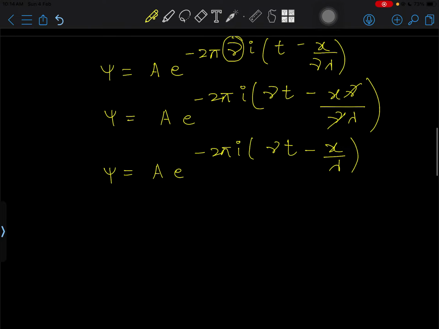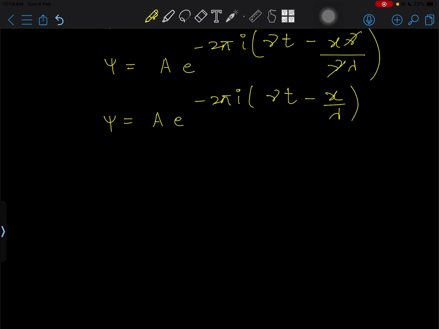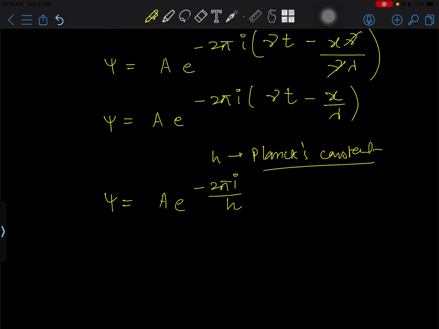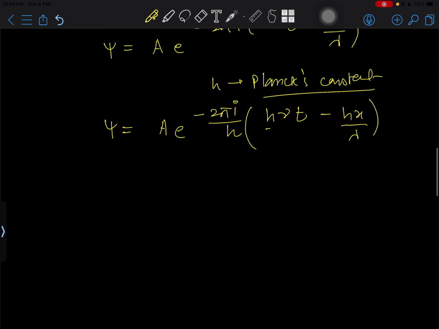So on multiplying and dividing by h, the Planck's constant, we can transform the above equation: psi is equal to a e to the power minus 2 pi i over h (h nu t minus hx over lambda). Here we are dividing and again multiplying, so the effect is negligible. So we know that energy is written as h nu or hc upon lambda.